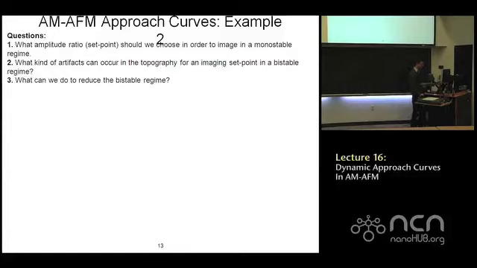Okay. So let's assume that we're stuck with a cantilever and the sample we have, and what can we do to try to make the bistable regime smaller? Okay. So let's go on to try to answer these questions.